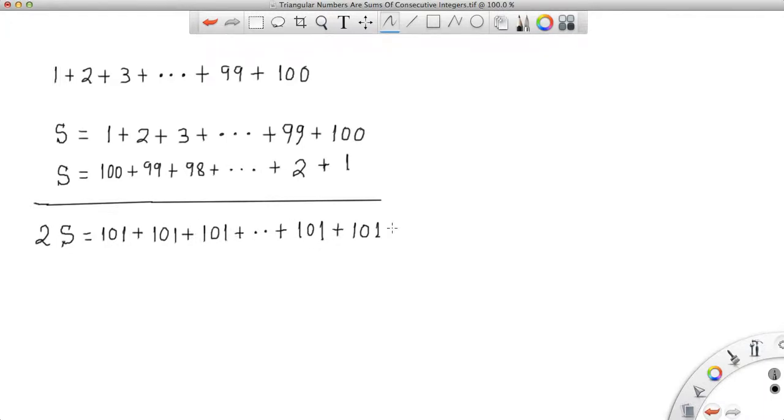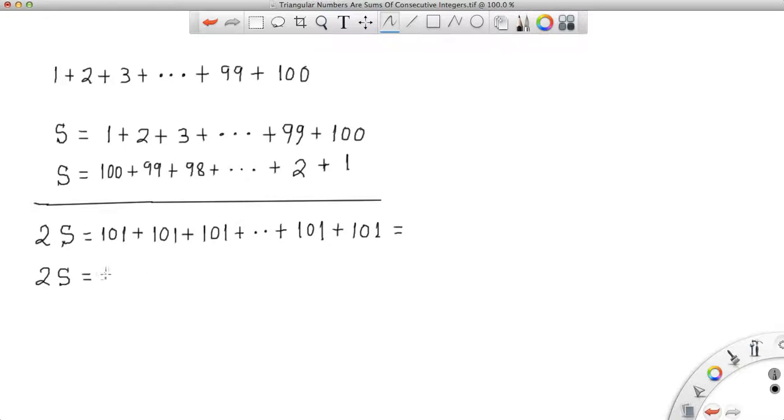So if we convert this sum into a multiplication, we only need to find out how many copies of the same number we are adding, and we can just count them, counting by one, 1, 2, 3, 4, 5, 6, etc. So we go all the way to 100.